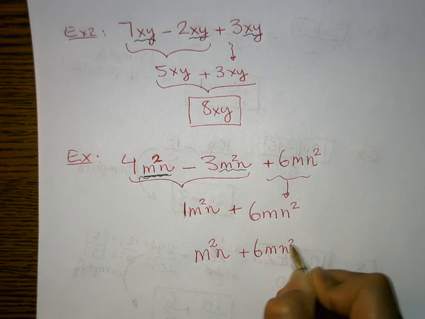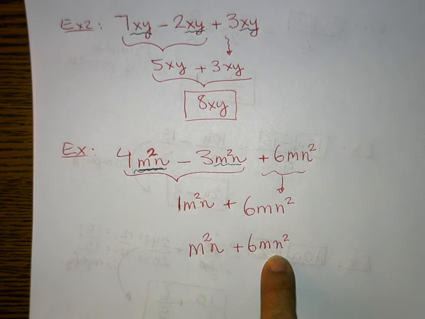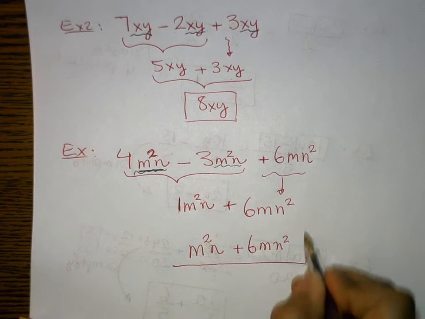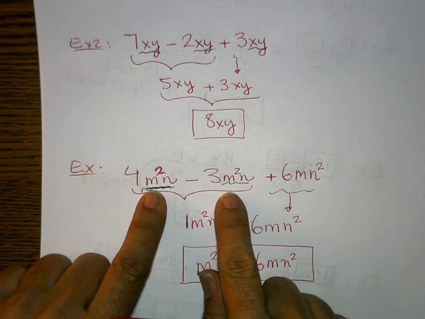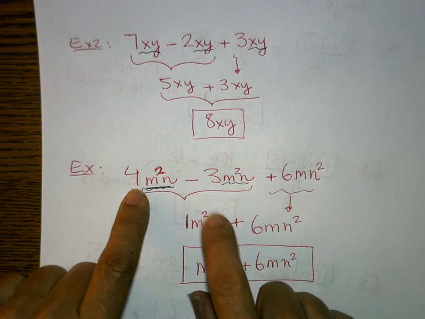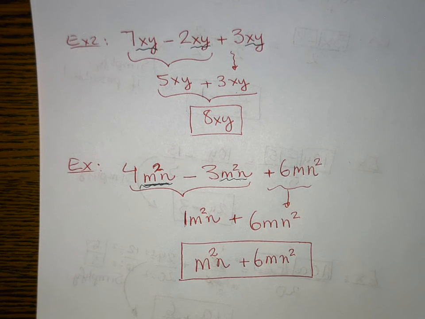So I want you to see that these 2 things are completely different, okay? And that is our final answer. I combined the like terms. These 2 were the same, so I combined them to make 1. 4 minus 3 was 1, okay? So that is what we're going to be doing here also, is combining like terms. To the best of our ability, we're going to combine like terms, okay?